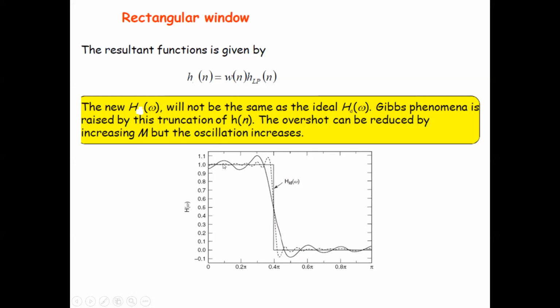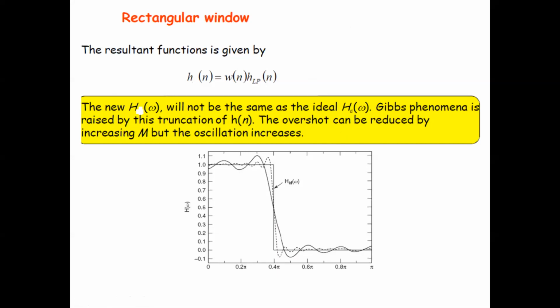Looking at the FIR filter response, it takes a rise here, then falls, but falls very sharply as compared to the previous one, and then again takes an overshoot and comes back. So this is known as Gibbs phenomenon. Why has this occurred? Because of the rectangular window, there is an abrupt fall of the amplitude from 1 to 0.